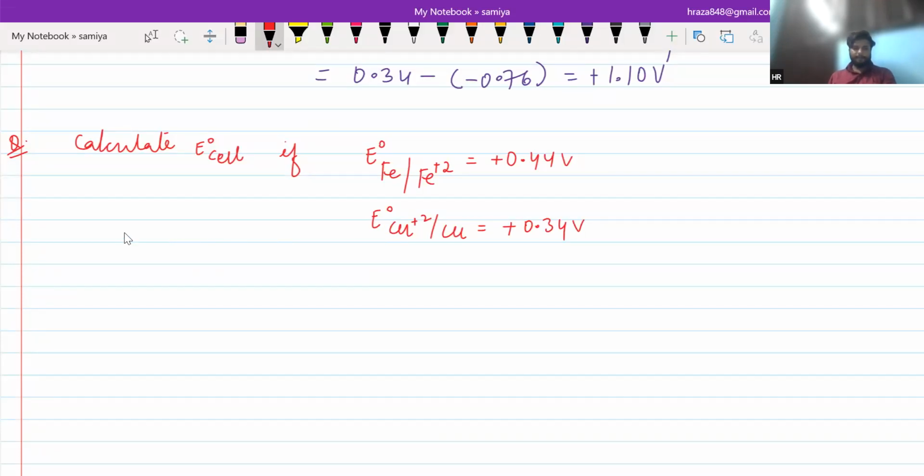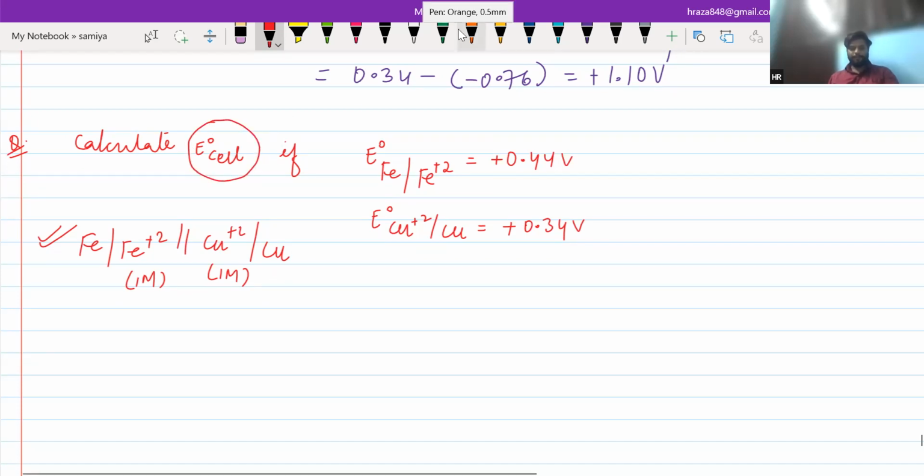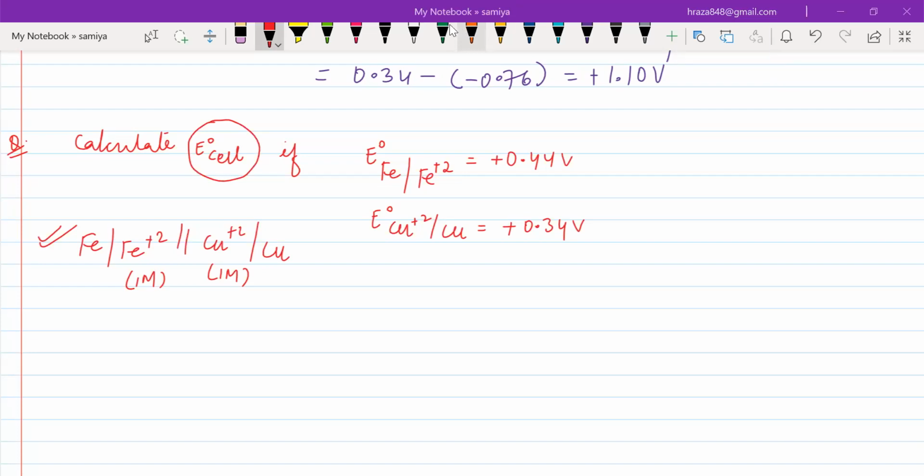Also, the cell representation is Fe/Fe+2 (one molar) double slash Cu+2 (one molar)/Cu. We need to calculate E naught cell. Can you do this? I will try, sir. Okay, I'm waiting.